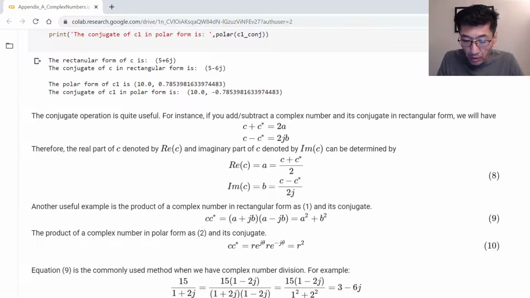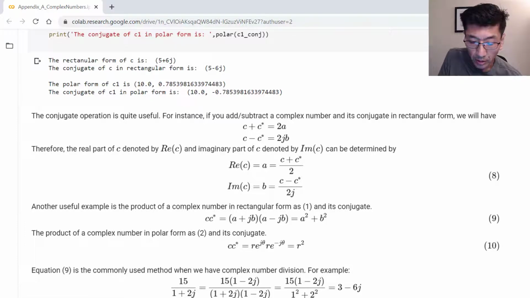The other one is the product of the complex number and its conjugate. In rectangular form, C times C conjugate is going to be equal to a squared plus b squared. They're always going to be real positive numbers.